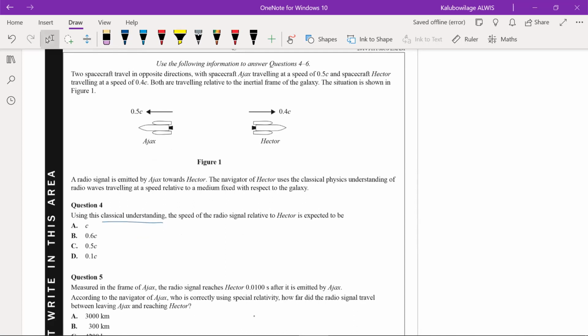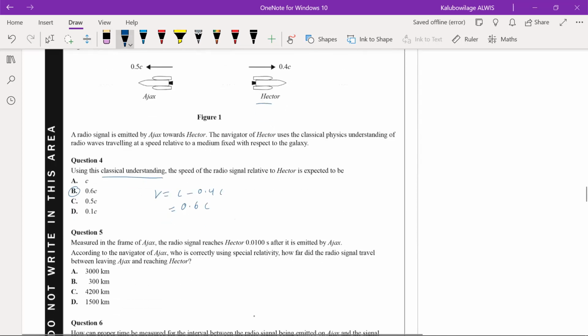Hector is going at 0.4 c and away, so you can find velocity will be c minus 0.4 c. 1 minus 0.4 is 0.6 c, relative to Hector, so that's why I use that.